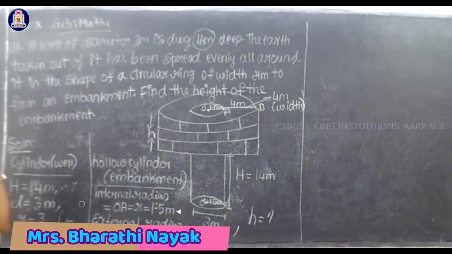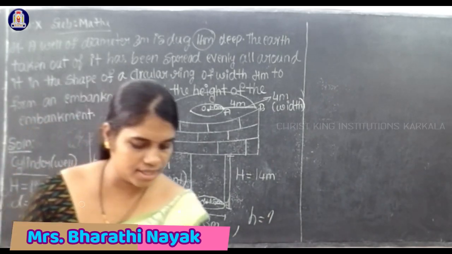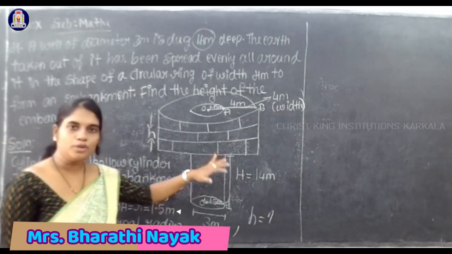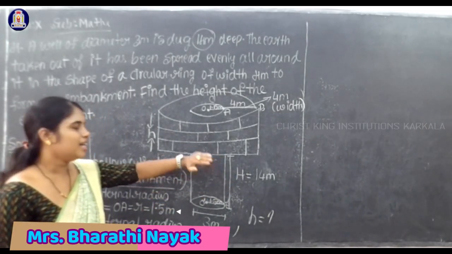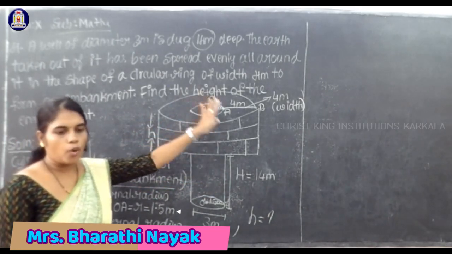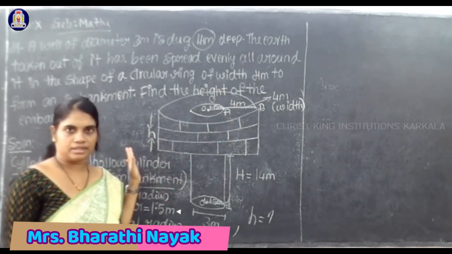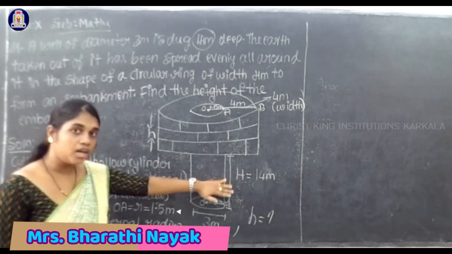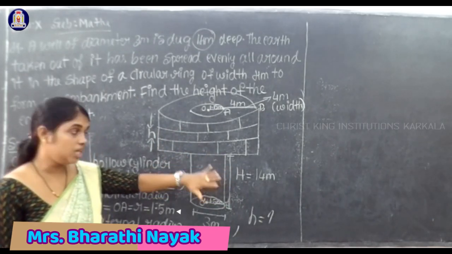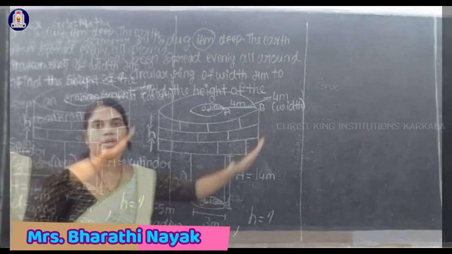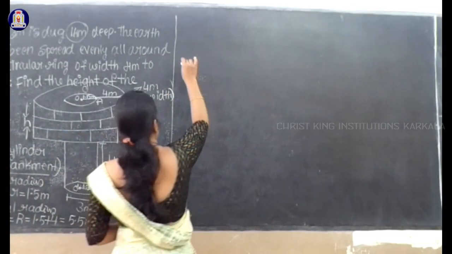See students, according to this question, the volume of the earth taken out from the well will be equal to the volume of this embankment, isn't it? Yes, I will use that concept here.